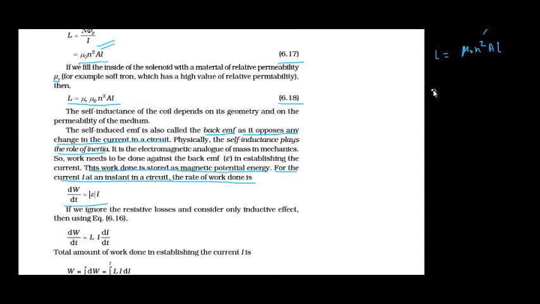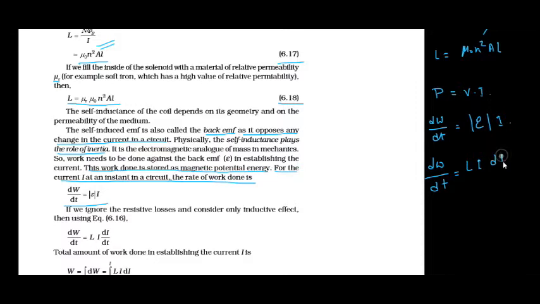So we can write power is equal to V into I. Power is the rate of work done. And V is equal to the magnitude of EMF, into I.